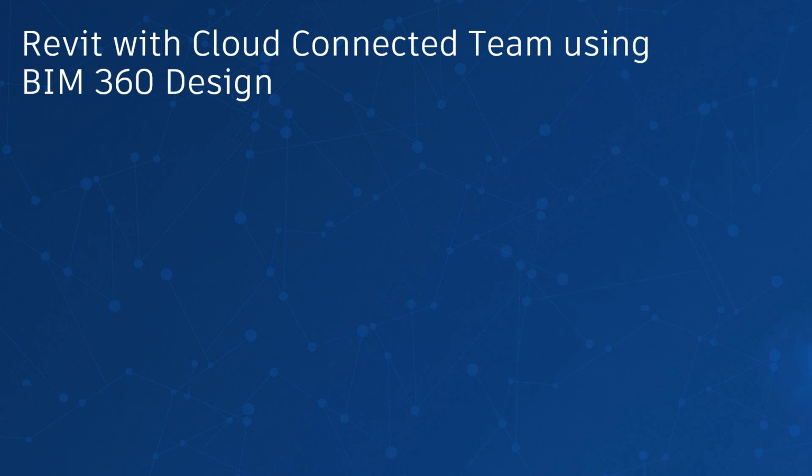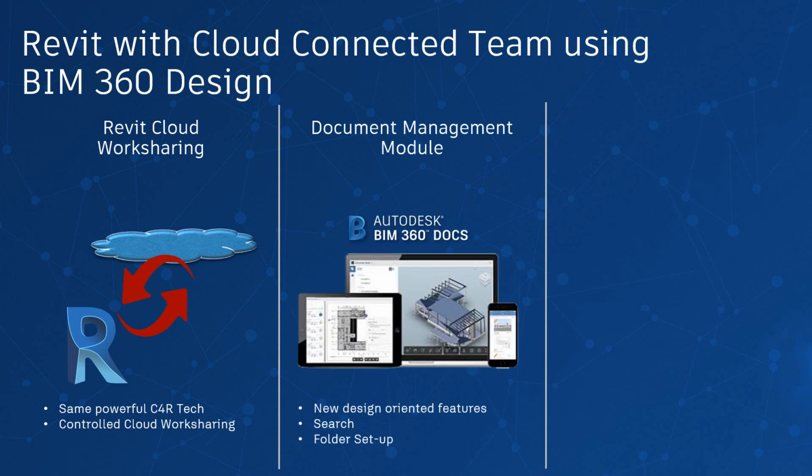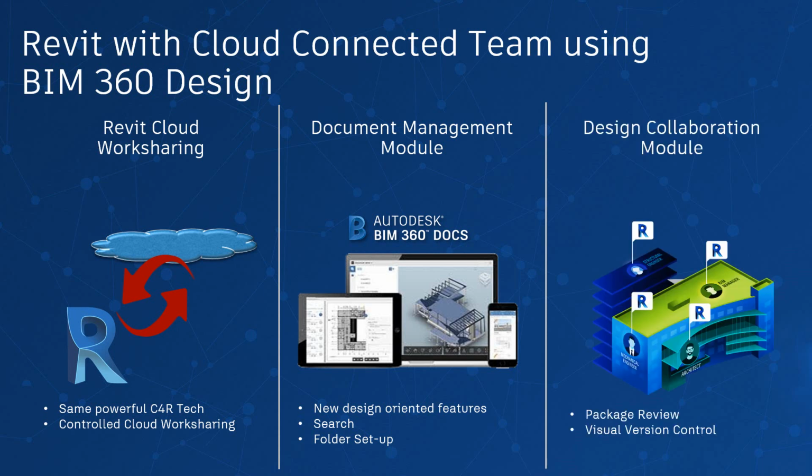So BIM 360 Design is a cloud work sharing package which allows Revit to sync its model back to the cloud. And in this particular case, we're talking about BIM 360 Docs, which is that data storage component of the BIM 360 platform, allowing multiple teams to work share in that one particular file, giving you that full design collaboration ability across that whole design space.